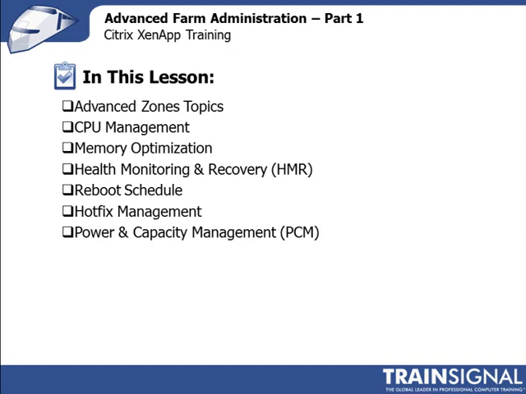What power and capacity management allows you to do is, let's say you have a very large farm, hundreds of servers. And for giggles, that farm is in Chicago, and you know that between the hours of 10 p.m. and 6 o'clock in the morning, nobody's logged on, or very few users are going to be logged on to XenApp servers or using resources. What power and capacity management does is it will try to condense the users onto smaller numbers of servers.